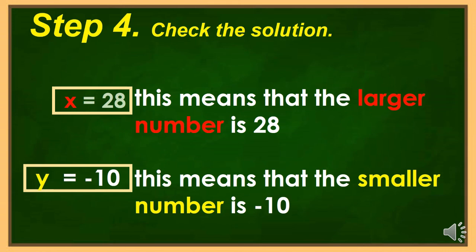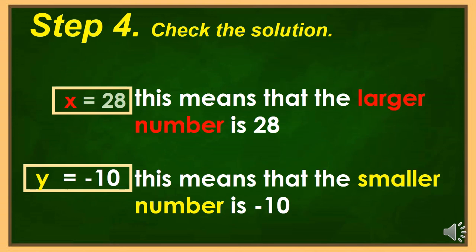The next thing is to verify whether 28 is the correct solution for x and negative 10 for y. But I want you to do the verification. So while we are having our short break, I want you to check whether 28 is the correct solution for x and y has the solution of negative 10.